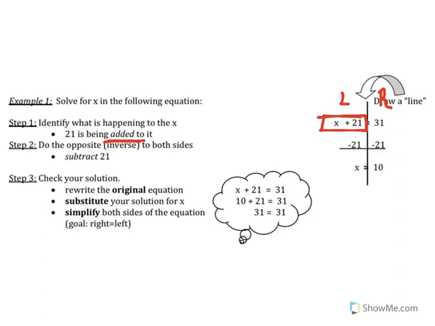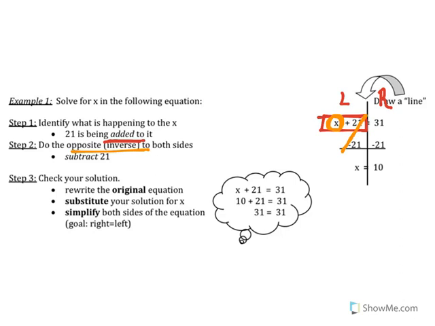So in order to get that X by itself, we need to get rid of the plus 21. In order to get rid of plus 21, it's kind of like we want to cancel it out to 0. So we are going to do the opposite, or the inverse operation, and the opposite of addition is subtraction. So when I actually do 21 minus 21, these guys cancel out to 0.